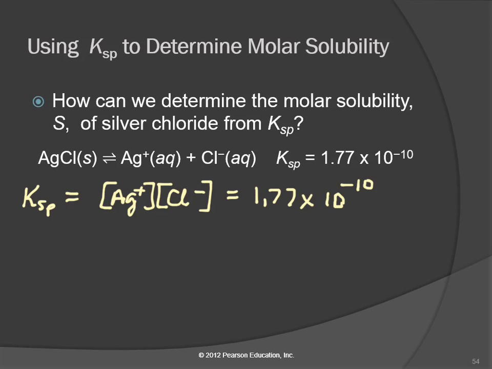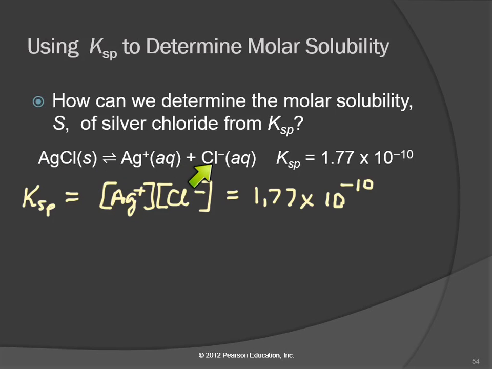So this is all very nice, right? But what we want to know is how many moles of silver chloride would dissolve in 1 liter of solution. Here we have 2 concentrations, and they don't give us what those are. Where did the silver ion come from? From the silver chloride, right?